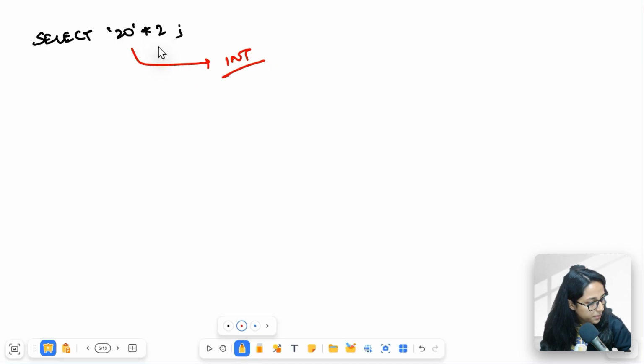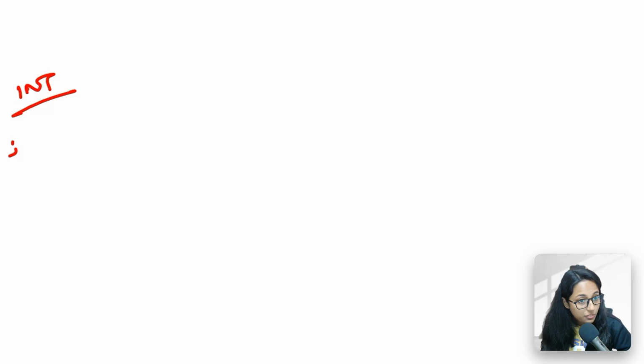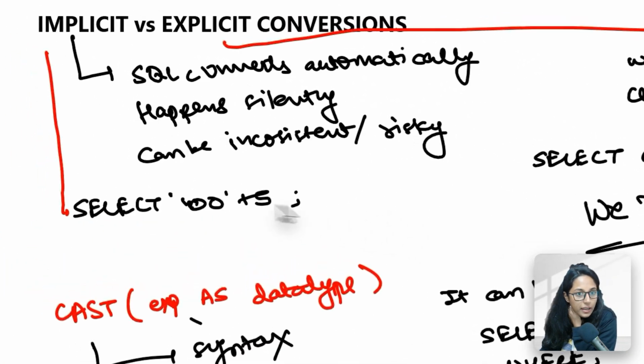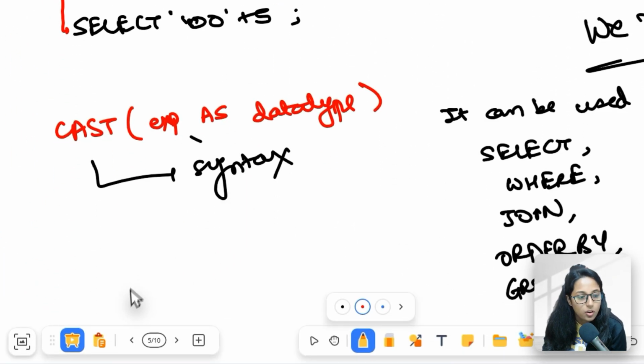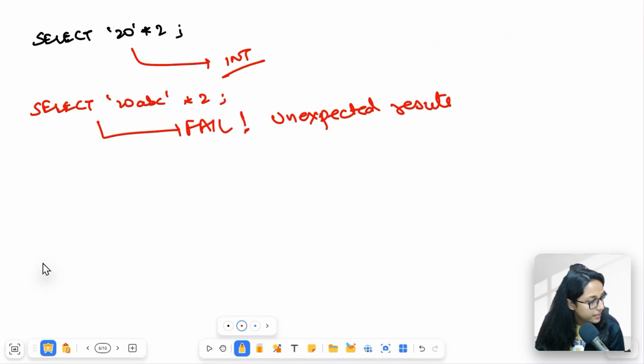But the problem is, if we do the same for select ABC star 2, it will not be able to give us the result. It will fail, and here we get unexpected results. That's when we say implicit conversion can be risky or inconsistent at times.